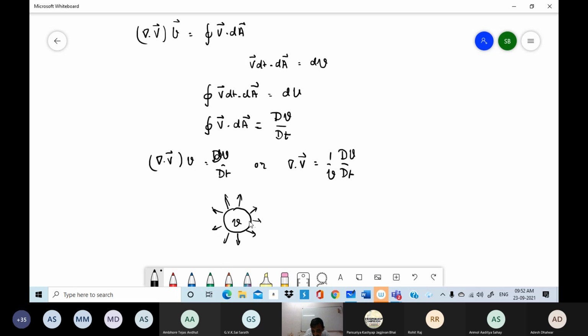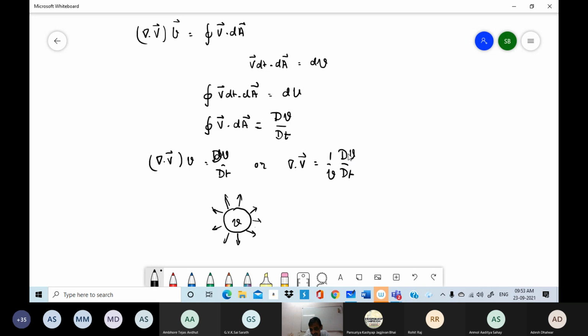So if del dot V is a positive quantity, the velocity diverges out from any point. So if it diverges out, then the volume must be increasing. So this is what this represents.